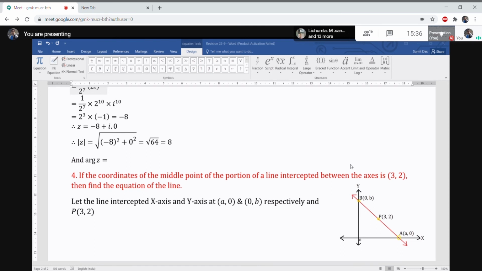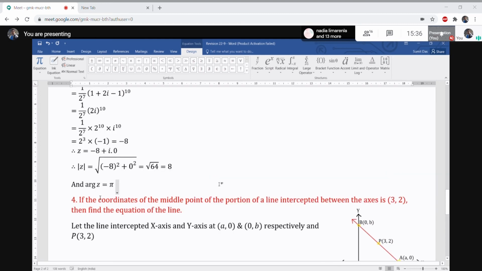Argument was the angle, the angle with the positive x-axis, whatever angle the point is making. So what will be the argument here? Here the argument will be pi. Why? Because I don't have the imaginary part now.